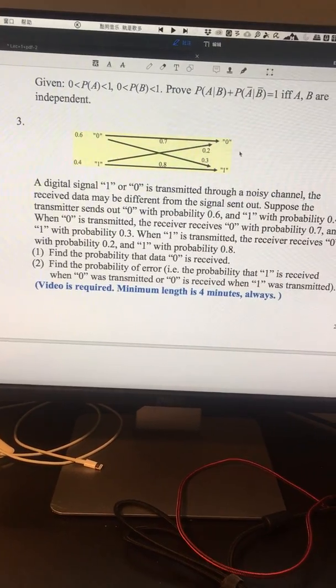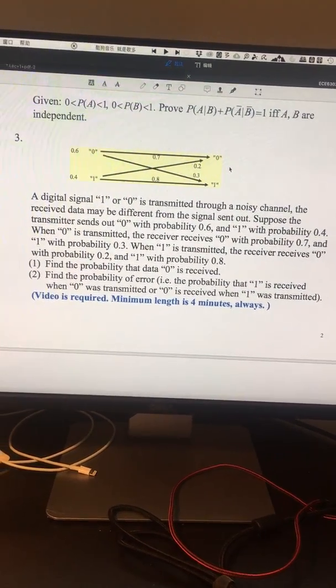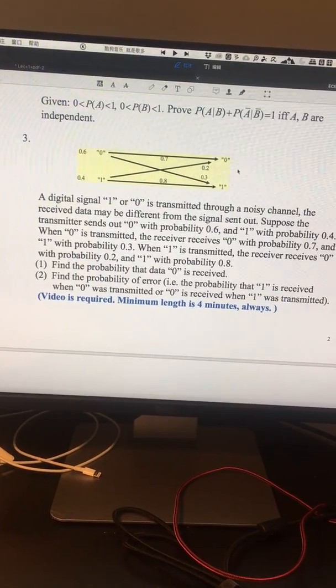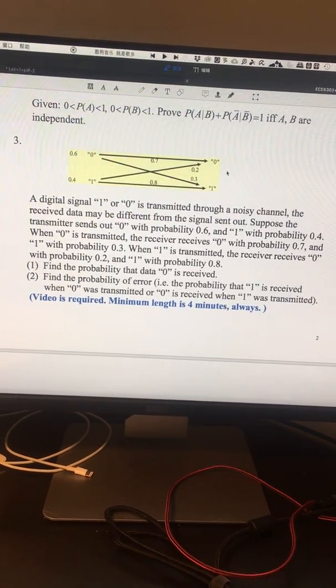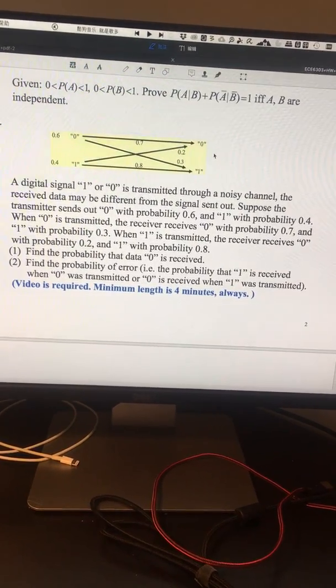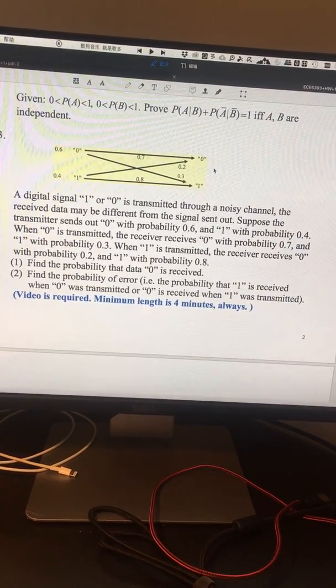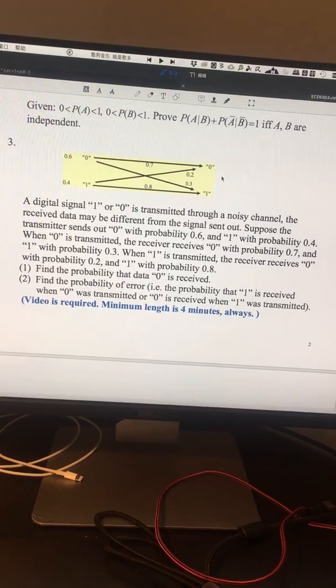A digital signal 1 or 0 is transmitted through a noisy channel. The received data may be different from the signal sent out. Suppose the transmitter sent out 0 with probability 0.6 and 1 with probability 0.4.